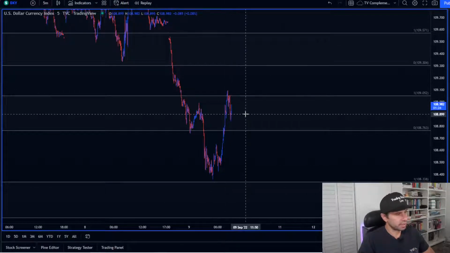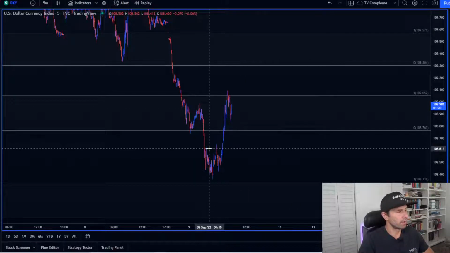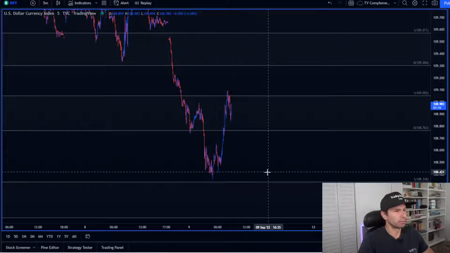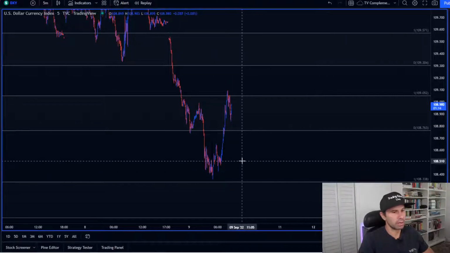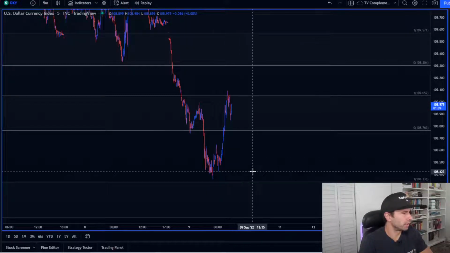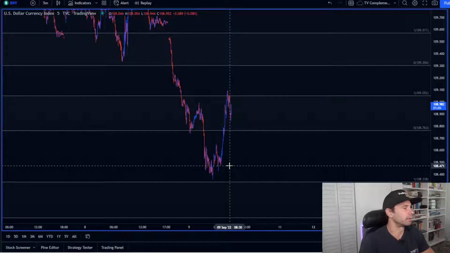If the dollar just stays choppy and comes back down here, then I don't think the market will have more upside, because this will put some buying pressure on the dollar, and most likely the higher probability is that the market could retrace back down.